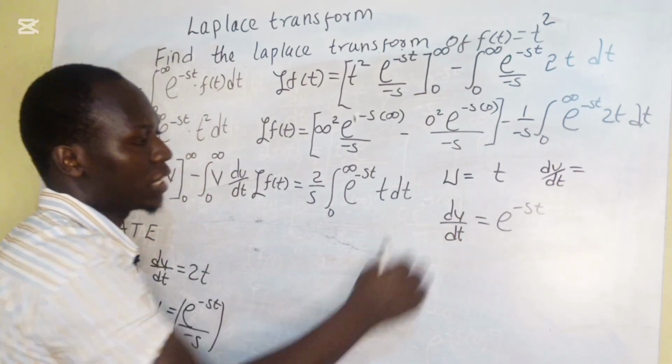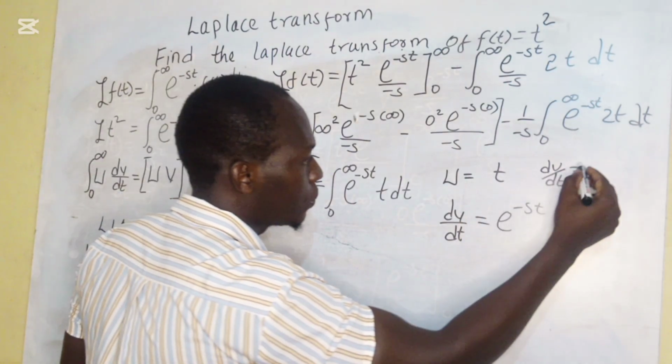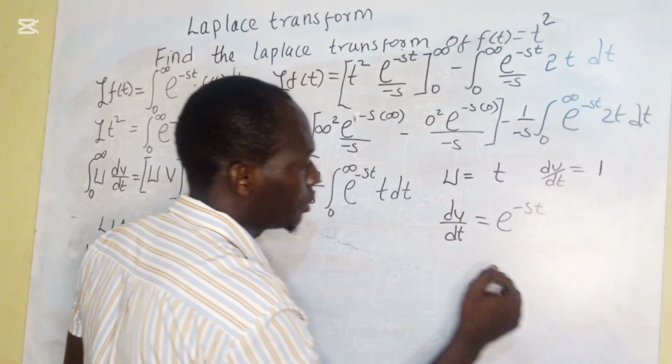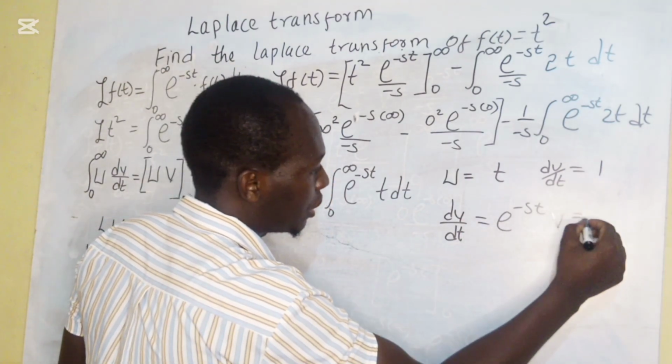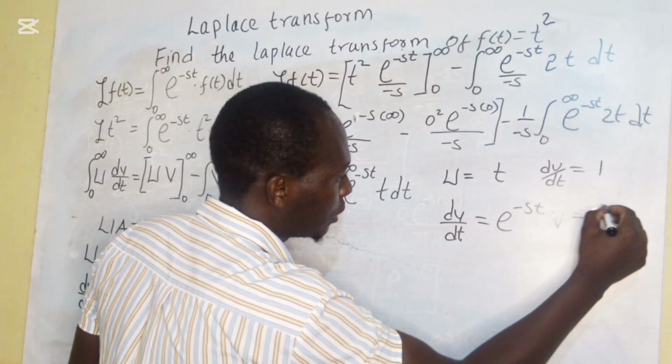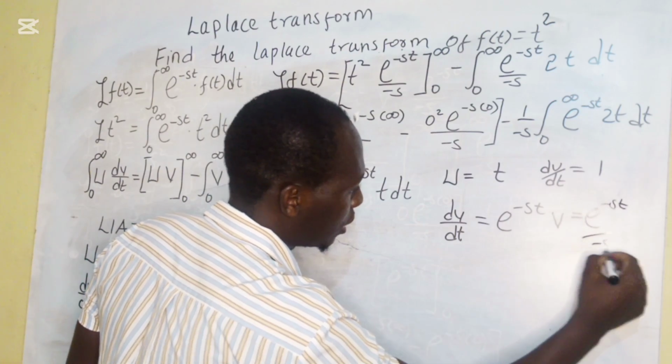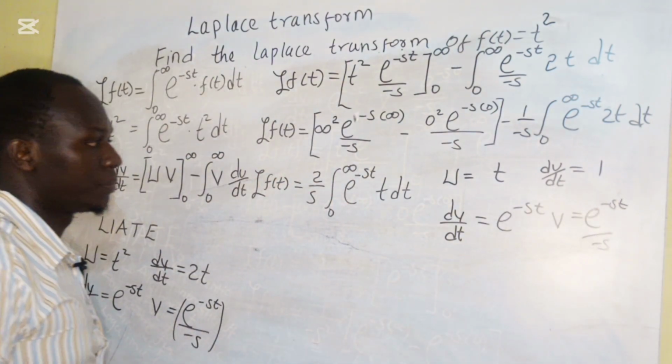Because we agreed on the term of u, we do our differentiation, we are going to have 1, and here we are going to do our integration. Here we are going to have exponential negative st all over negative s.